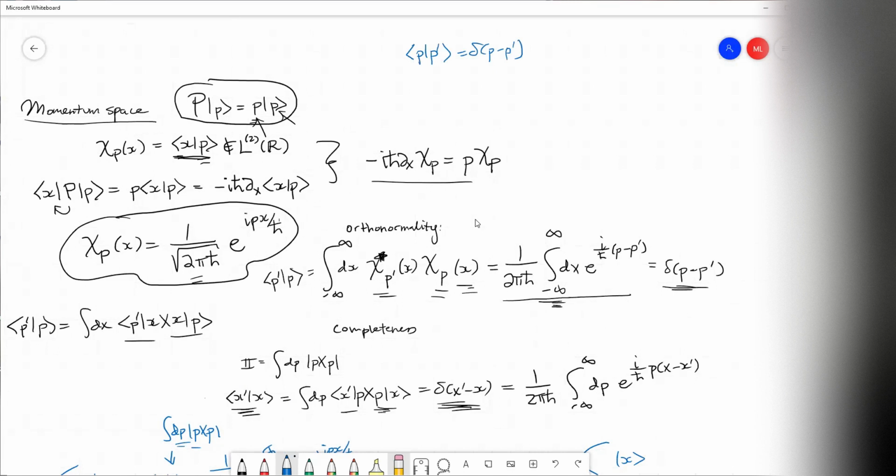And that completeness looks a little different, that it's the integral. Other than that, plus bras and kets. That sort of gives you everything.